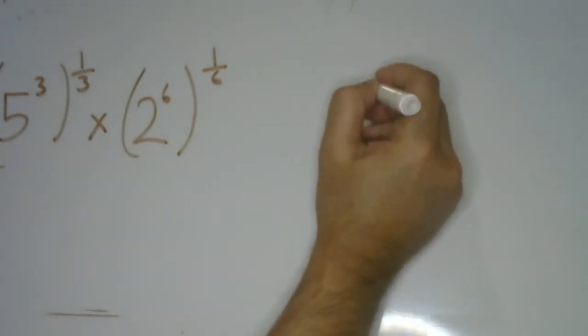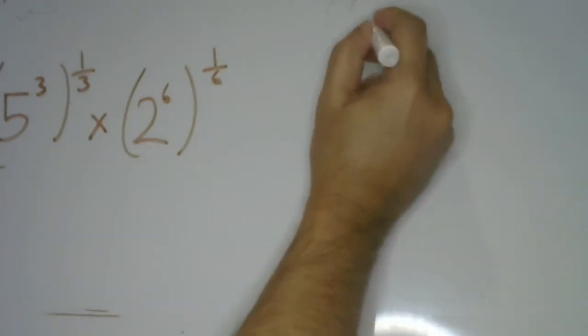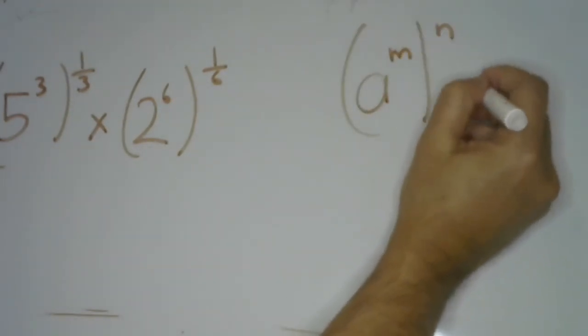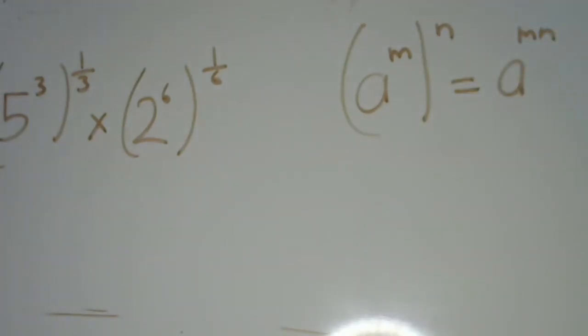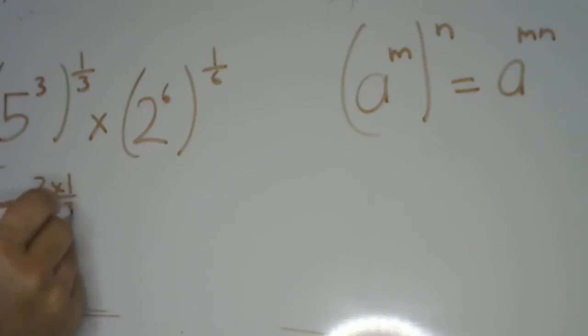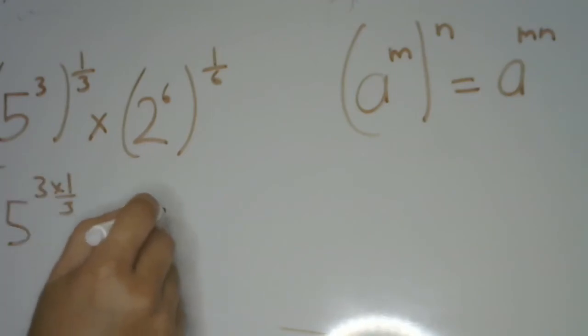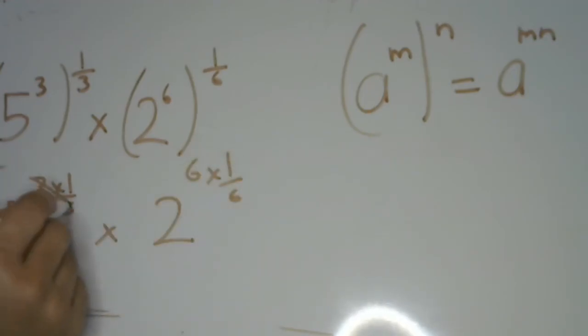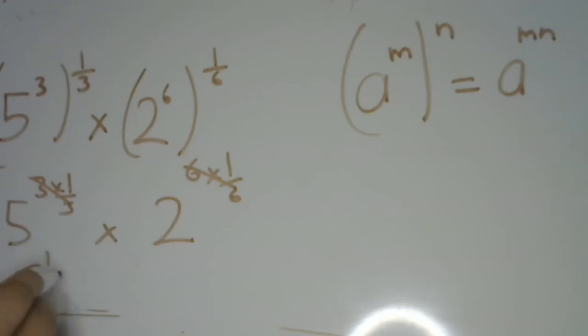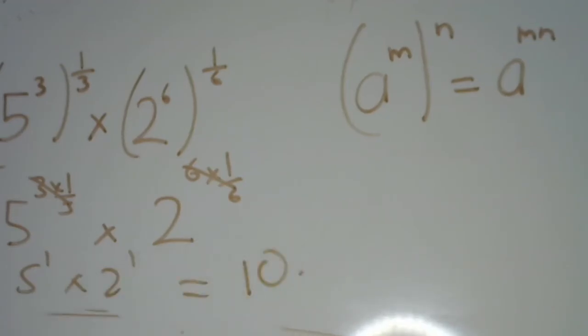We need to remember this rule: a to the m to the n is equal to a to the mn. So this becomes 5 to the 3 times 1/3 times 2 to the 6 times 1/6. This cancels, this cancels. So we have 5 to the 1 times 2 to the 1, which is equal to 10.